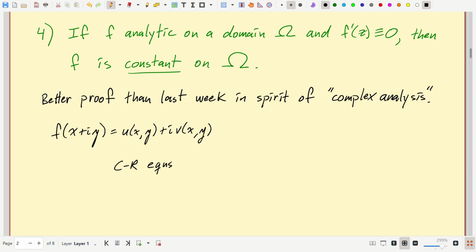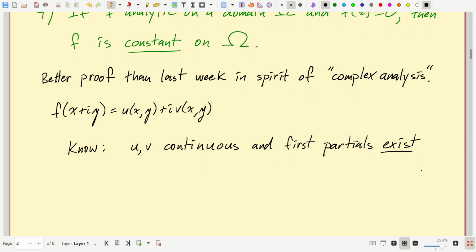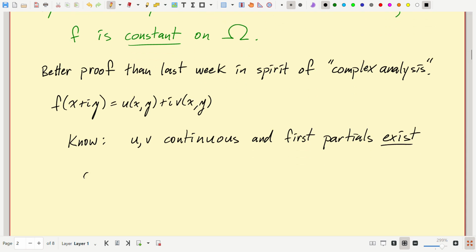So I guess I should say, here's what we know. We know u and v are continuous. That was number one. And first partials exist. That was an important consequence of our discussion of the Cauchy-Riemann equations, and they satisfy the Cauchy-Riemann equations.